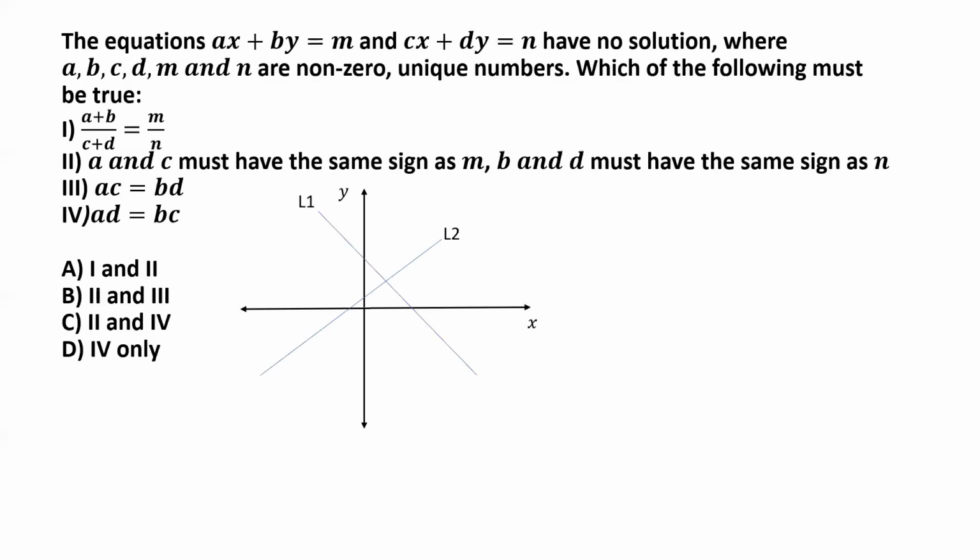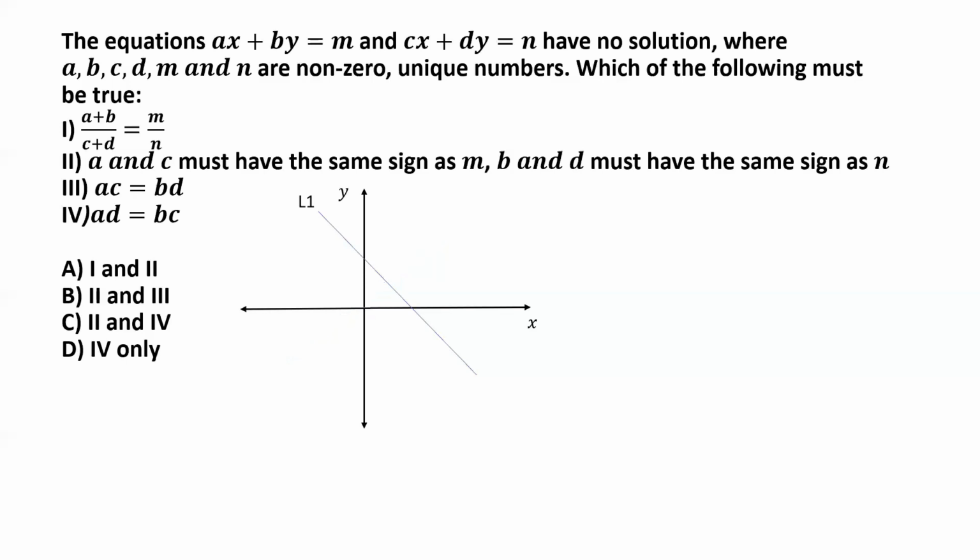So what's the criteria for these two equations to not have a solution? In terms of graphical representation, it means that the two lines that these equations represent do not have a common point. In other words, these two lines should never intersect each other.